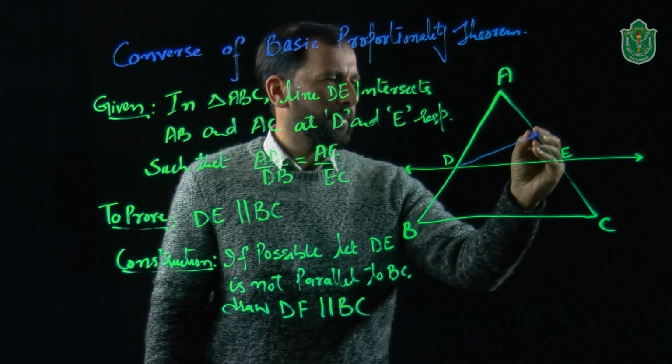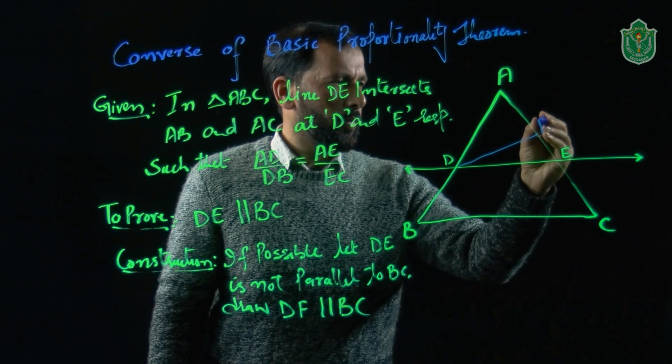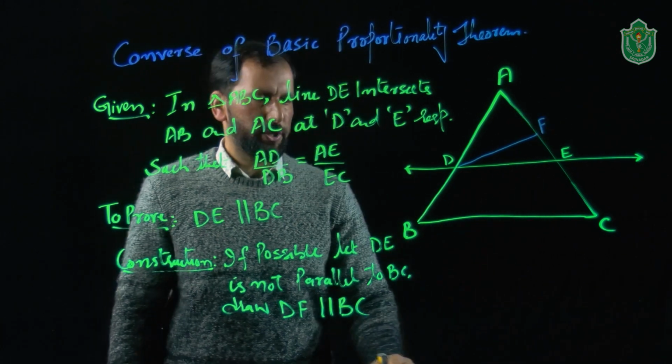This is the line DF, parallel to BC by construction.